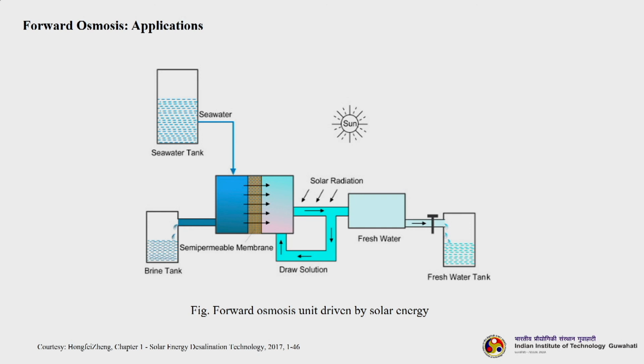Solar radiation plays an important role here. Instead of using any other thermal processes to heat this draw solution, solar radiation can be used to heat it. And then it will come to a tank where you can get the fresh water.